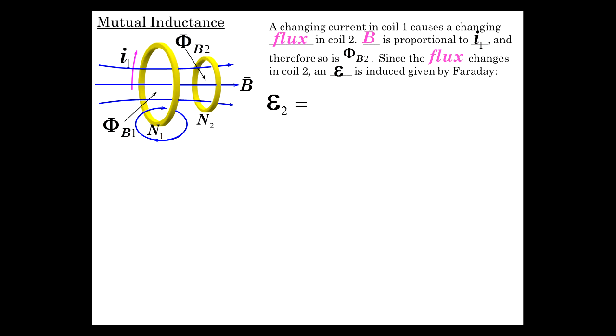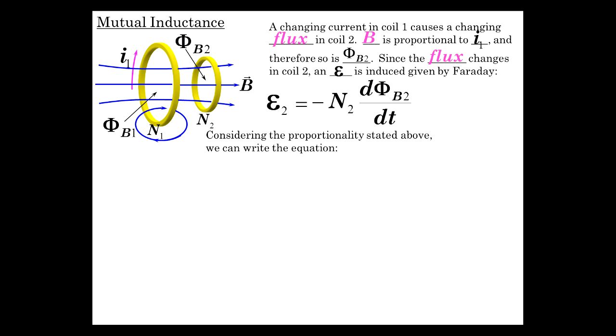The EMF produced in coil 2 is equal to dΦ_B/dt, its changing flux, multiplied by the number of turns. So there's Faraday's law. Now the proportionality, we just stated that B is proportional to I1. Of course, that's obvious.